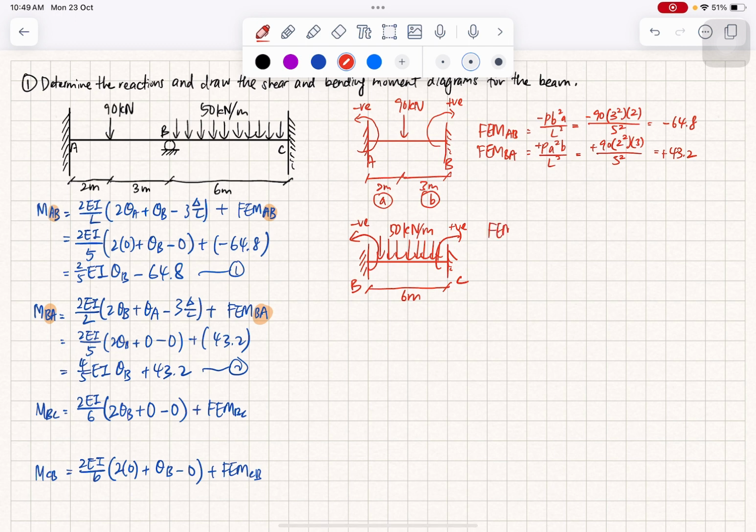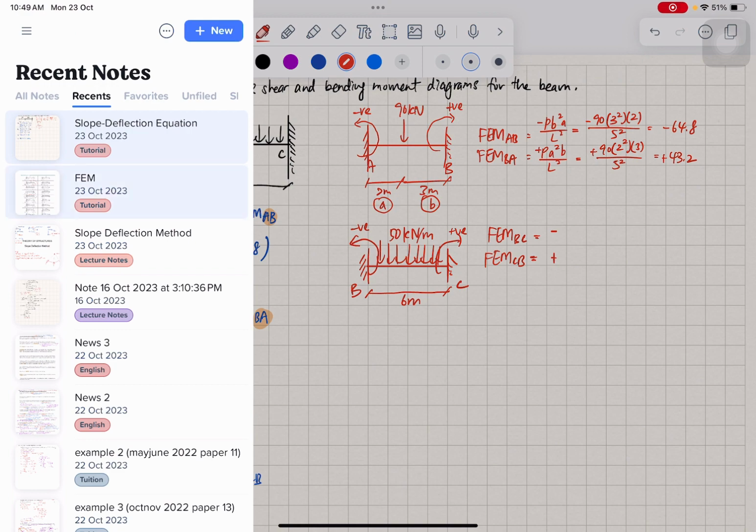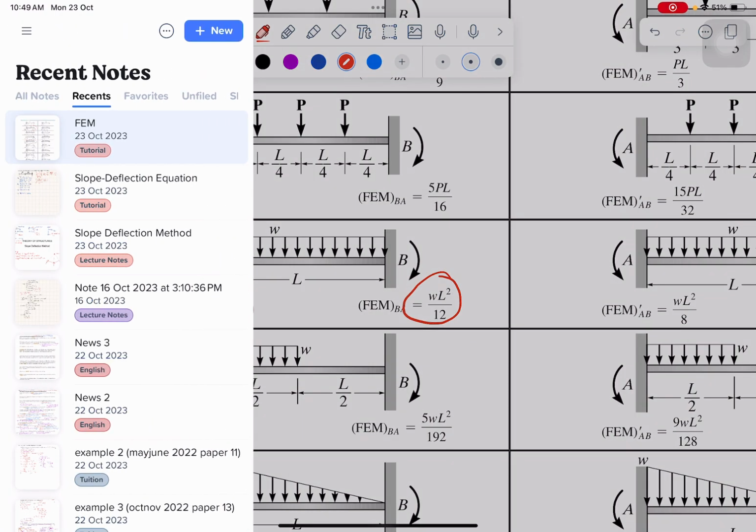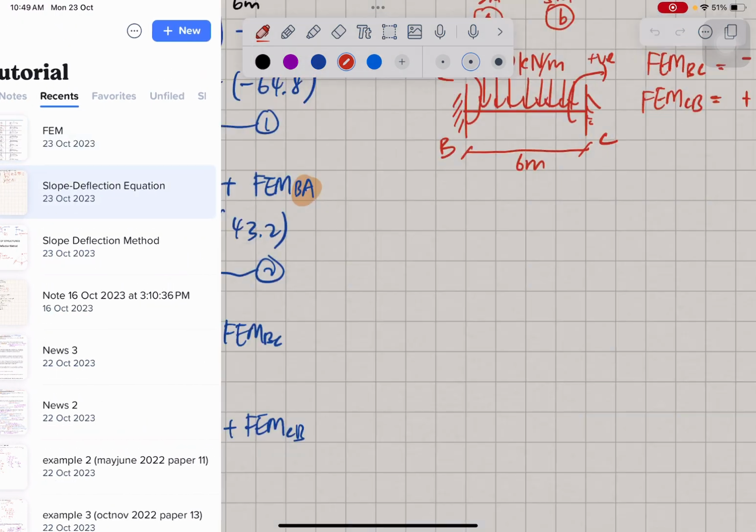Okay, for FEM BC and FEM CB, what is the formula? This formula you have to remember: WL square over 12, for a uniformly distributed load along the full span.